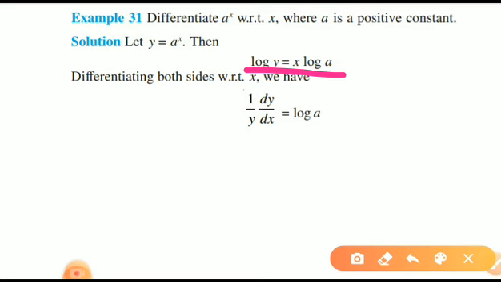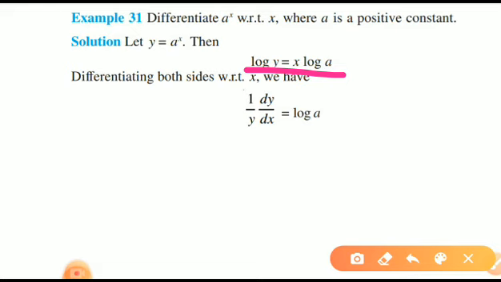Differentiating both sides with respect to x, we have the derivative of log y as 1 by y dy by dx, and log a is a constant. So the derivative of x is 1, and we just get log a.